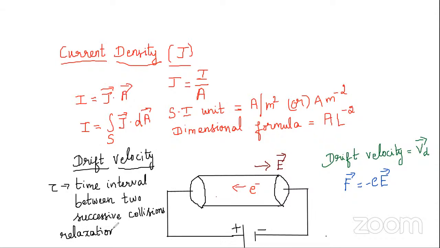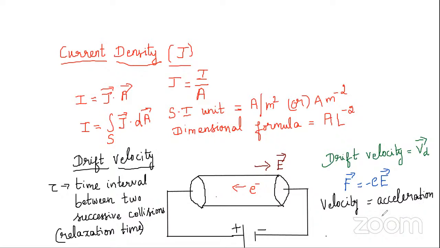Relaxation time is the time interval between two successive collisions. We all know very well that in general the velocity is given as the product of acceleration and time.